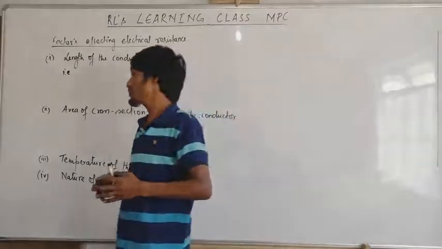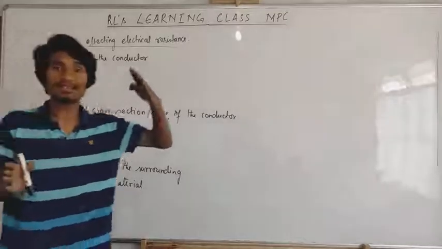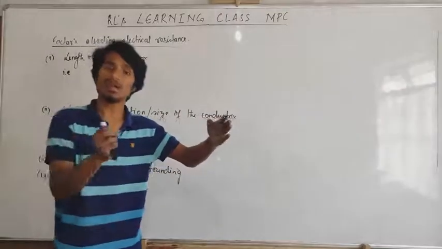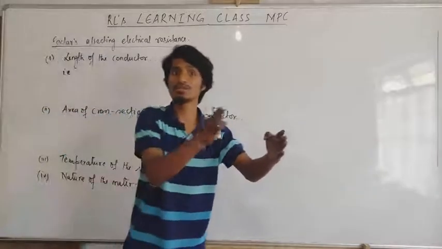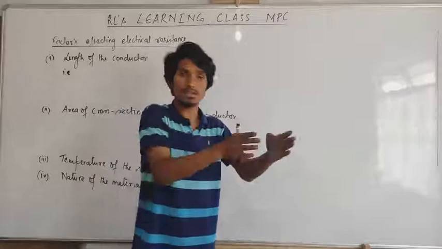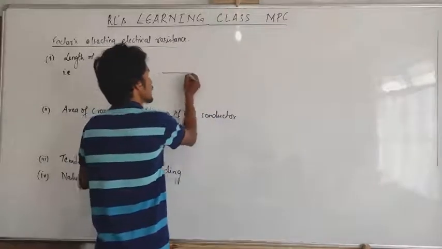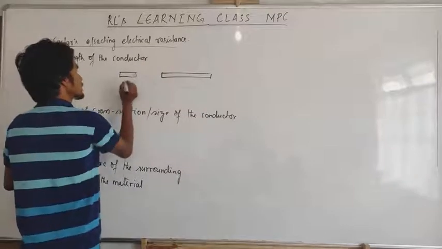Similarly here, if the length of the conductor is increasing, then there are so many obstructions, so many things that the current has to pass. For example, this is a conductor, and here is one more small conductor.